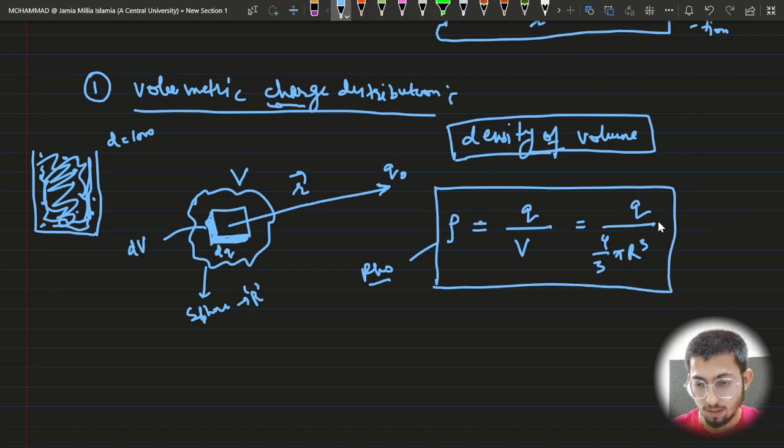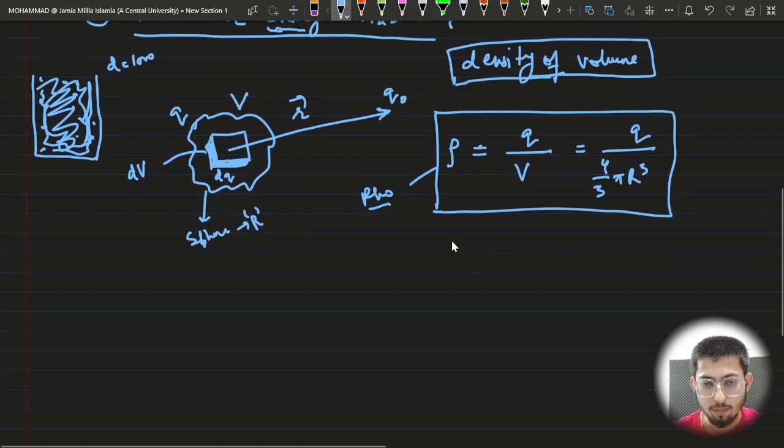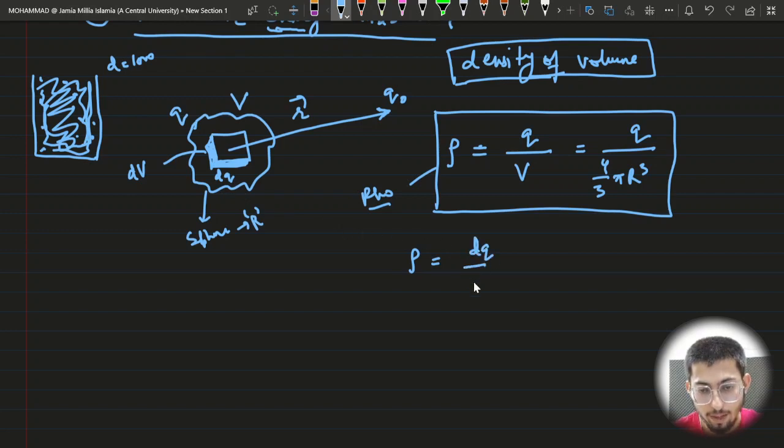In that case, this q is the whole charge on this volume, and dq is the small charge. Now I said since density is same at every point, so for the small dq also the density will be the same. For example, if you want to find the density for a small charge dq, then it would be dq by dv, that is small volume taken by that charge.